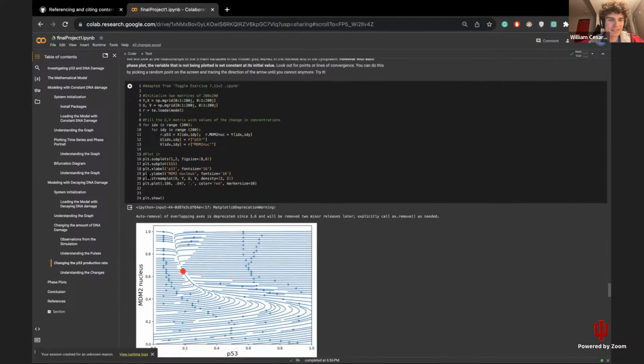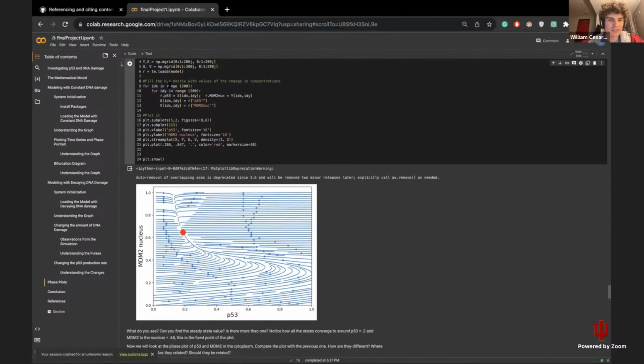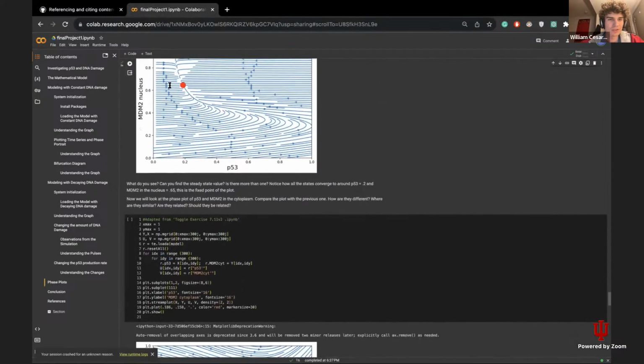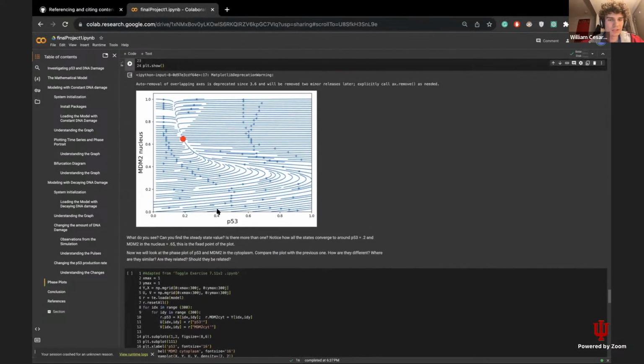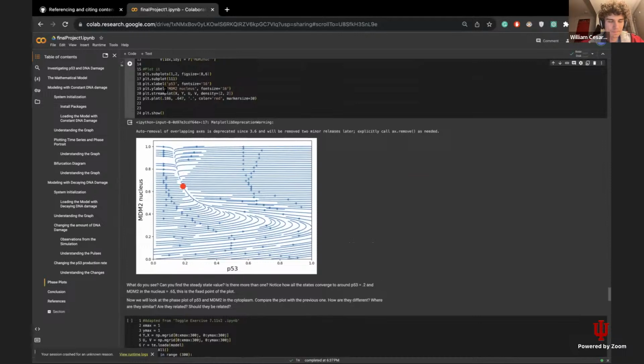I don't know how to explain it. Then I looked at phase plots, and this allowed the user to see the steady states of different combinations of variables.